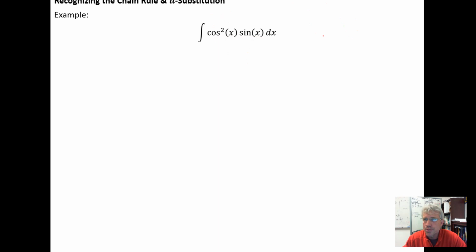And what I want to notice is that if I do the substitution u equals the cosine of x, then du dx is just equal to negative sine of x, and so the derivative of the cosine varies only by a constant negative 1 from the sine of x that's sitting there being multiplied to the function composition here. So u-substitution is going to be a tool that I can use.